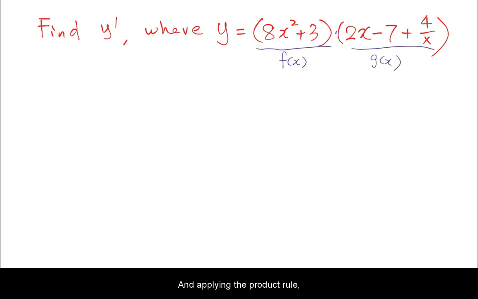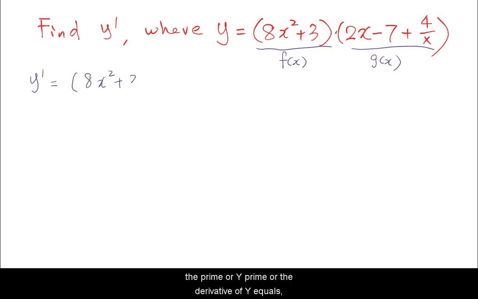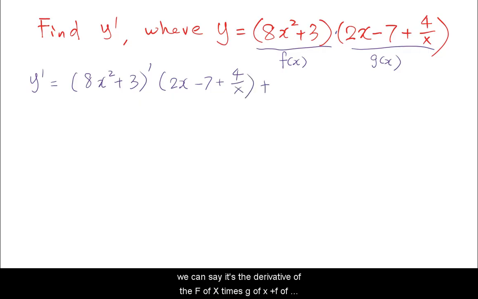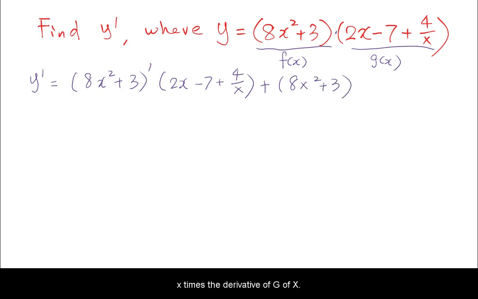Applying the product rule, y prime, or the derivative of y, equals the derivative of f of x times g of x plus f of x times the derivative of g of x.